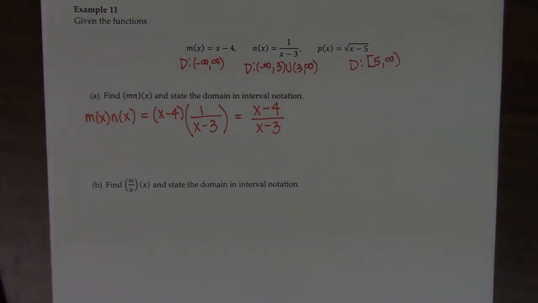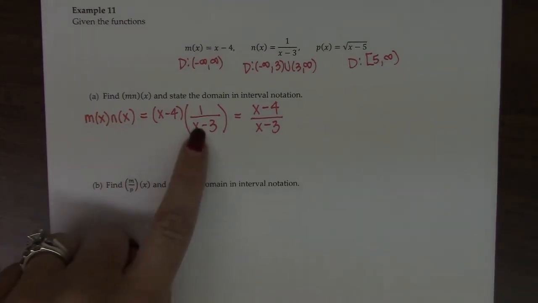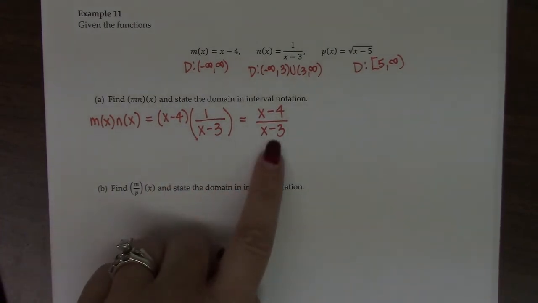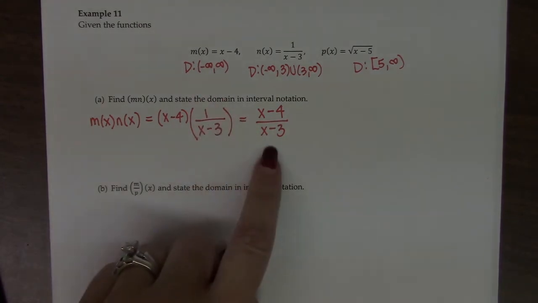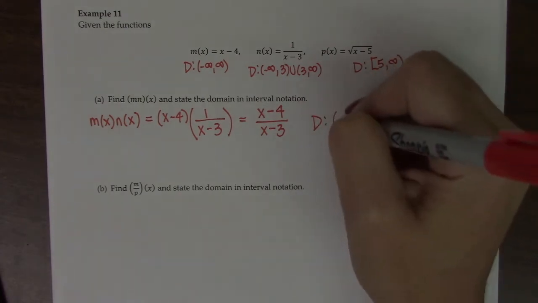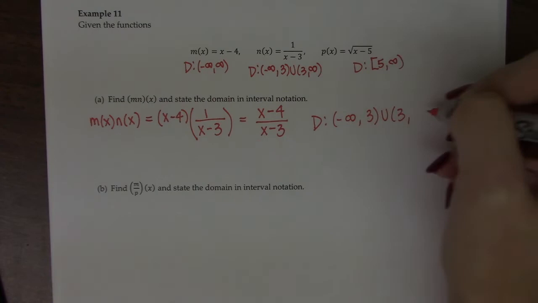This is what I was getting at earlier: we're not composing these, so we're okay. But the resulting function has a denominator. The numerator is going to accept any value, but the denominator is still not going to take 3. So the domain of this function is all values except 3.